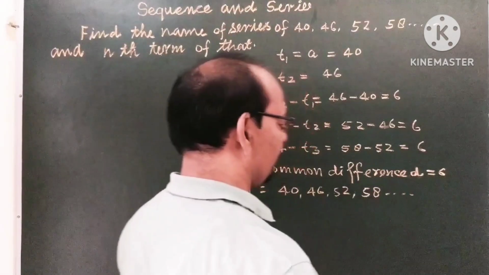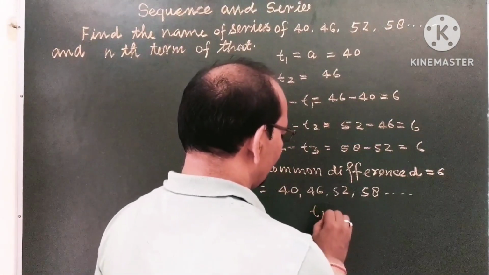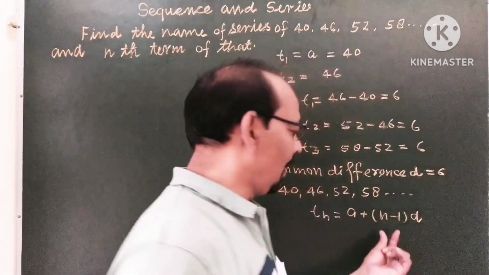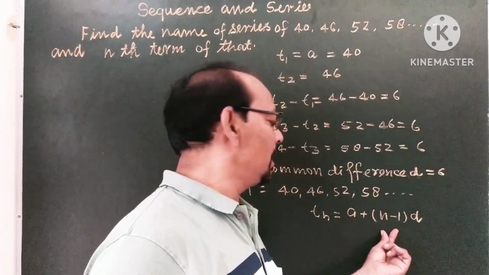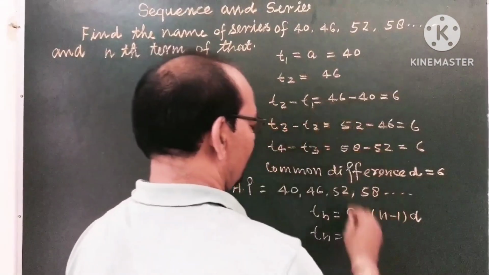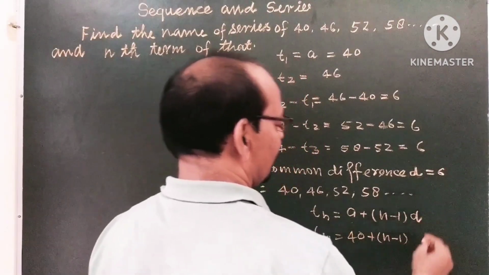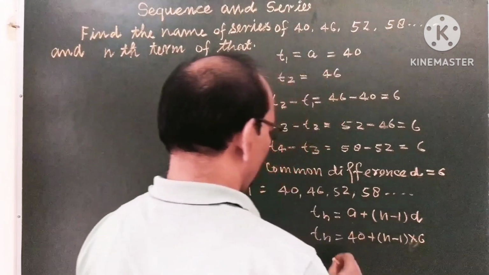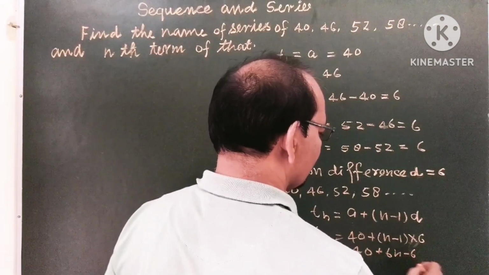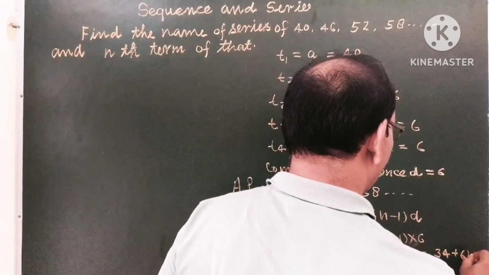Therefore, it will be 40, so on. Want to find the nth term of this series, we know that Tn equal to A plus n minus 1 into D. n is not given here, the number of term of the series, therefore Tn equal to A is the first term 40, n minus 1 into D, D is 6, multiply it, 40 plus 6n minus 6, it will be 34 plus 6n.